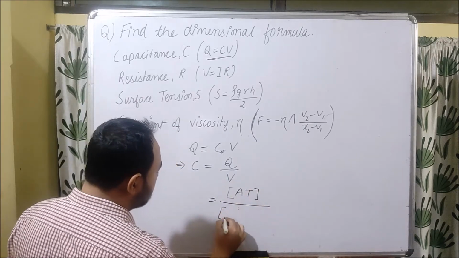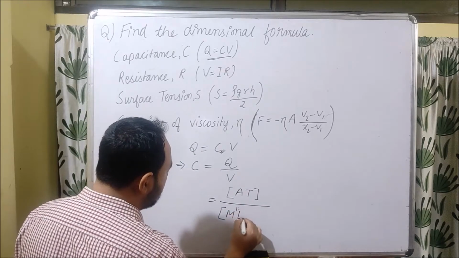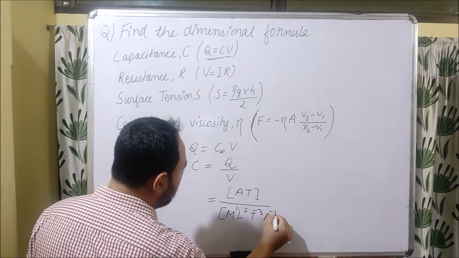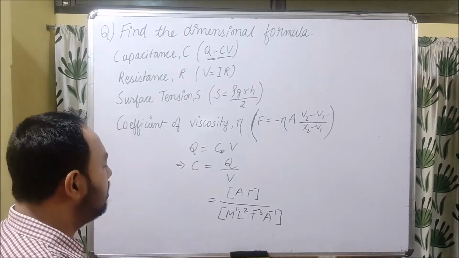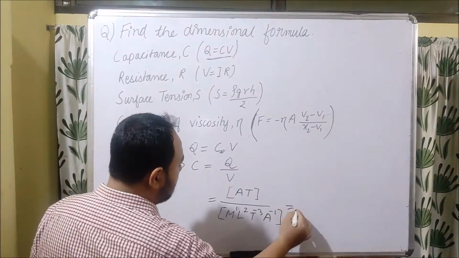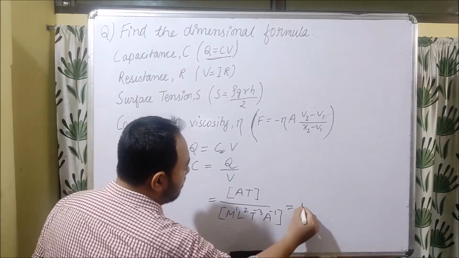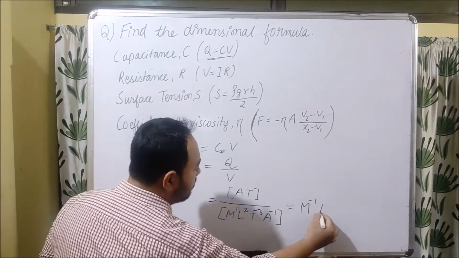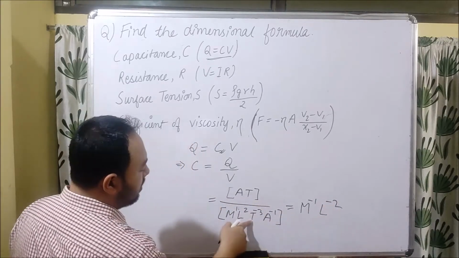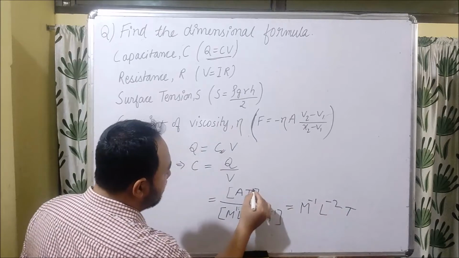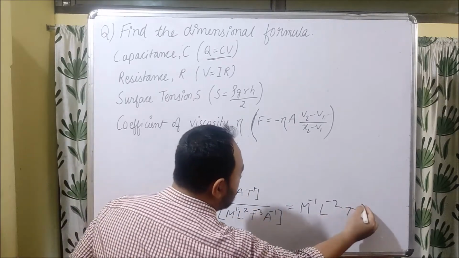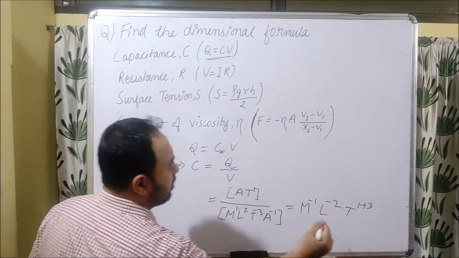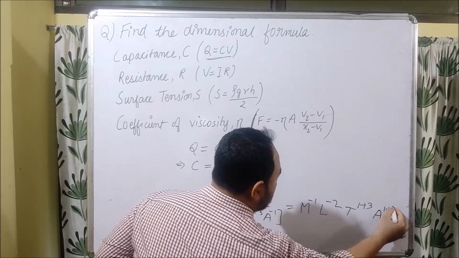For potential it is M to the power 1, L to the power 2, T to the power minus 3, A to the power minus 1. Okay. So if you calculate, this will come up to be M to the power minus 1, L to the power minus 2, then T to the power, here it is 1 and this minus 3, it will be 1 plus 3, then A to the power minus 1, it will add up.